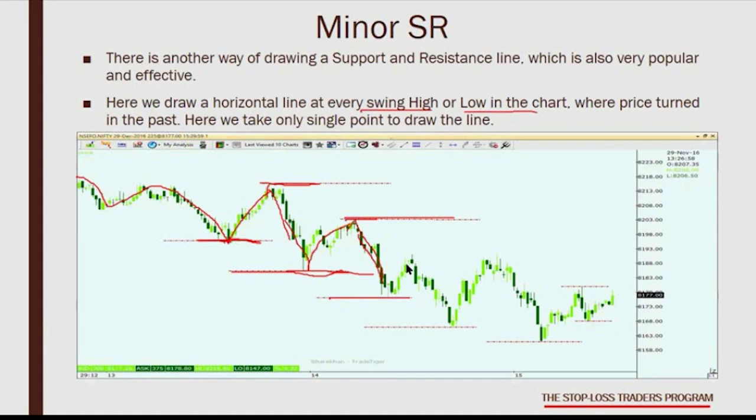So here, when the price is falling, it is creating a swing high or swing low at every point of time, right? So we are taking only one point and drawing a horizontal line through it. This kind of SR is called a minor SR, where price bounced only once.